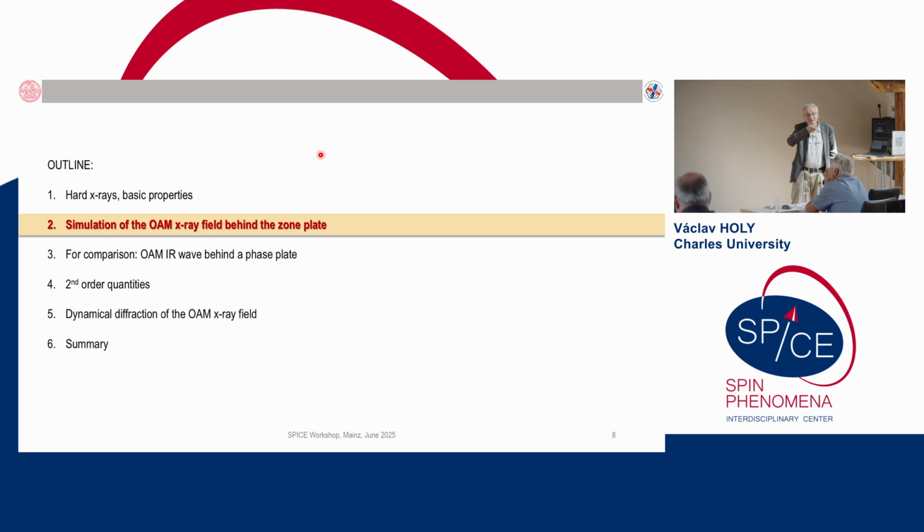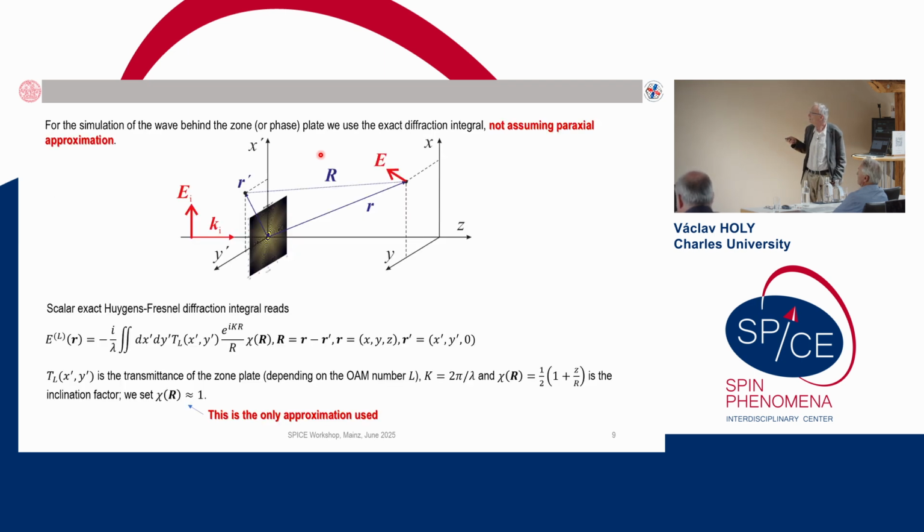And my task in this small company of collaborators was to calculate the optical vortex field. Because I'm not from this community, I'm coming from another community, I have not much experience with this. So I did it maybe using the worst possible method, namely brute force. I took simply the standard Huygens-Fresnel diffraction integral like this.